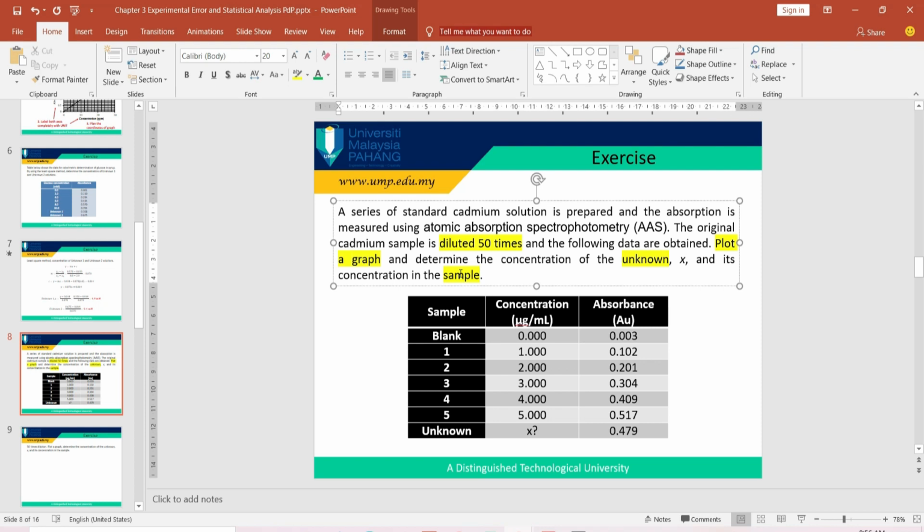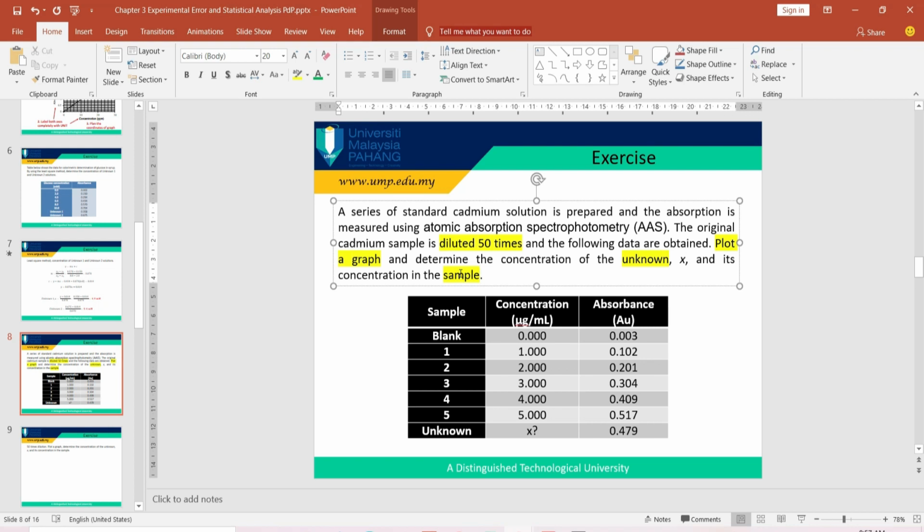First, we are going to plot the graph. There are two ways to plot the graph: you may be asked to plot a graph using graph paper manually, or using Excel, depending on the requirement.